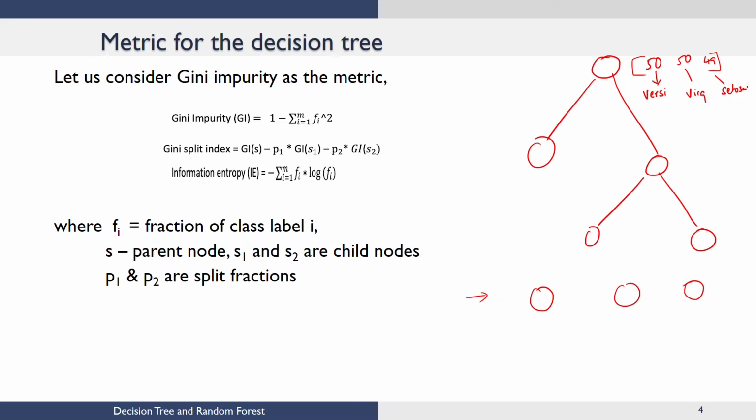Now, if we did not build this tree at all and we just sat with this data and I am going to say let me do a classification whenever you give me a new data point, then the best way to do this would be to look at this data and see which class is the most occurring class, under the assumption that the global data set will also have similar proportions.